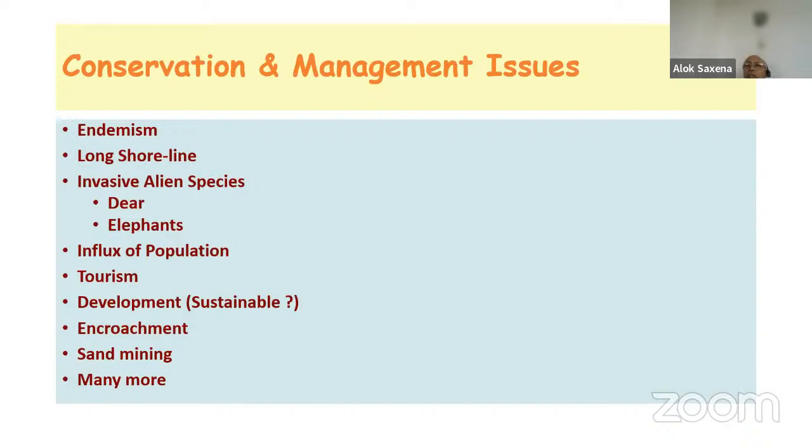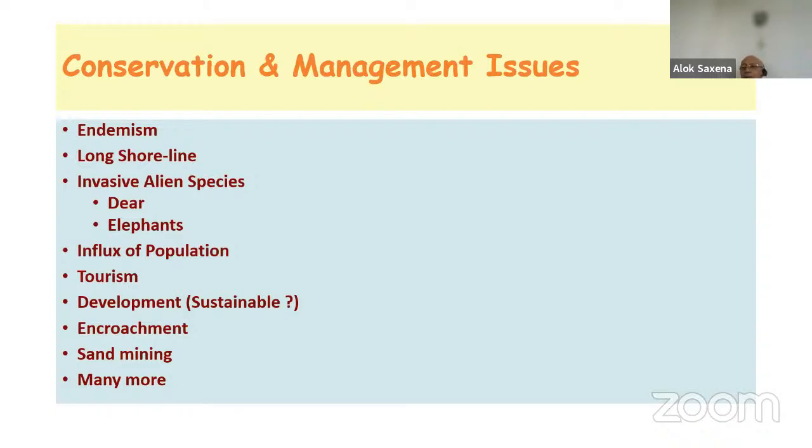So this is causing big harm to the islands, because these people are not the real islanders. They call themselves islanders, but they are not. Here, those six Aboriginal tribes come into the picture. These people are real islanders, which are not causing any threat to island ecology. But influx of population is a very, very important issue.